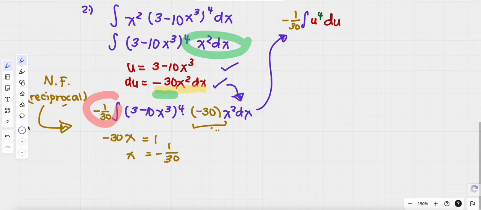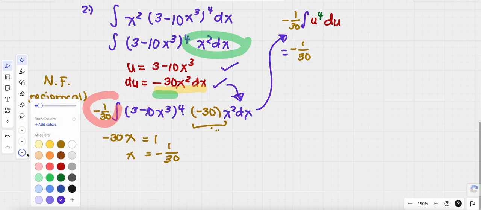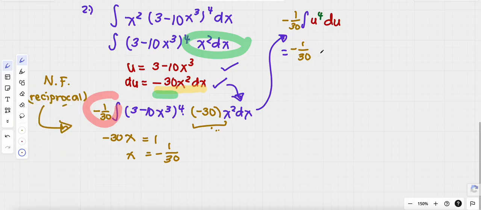So this will now be equal to negative 1 over 30 times the integral of u to the 4 du.